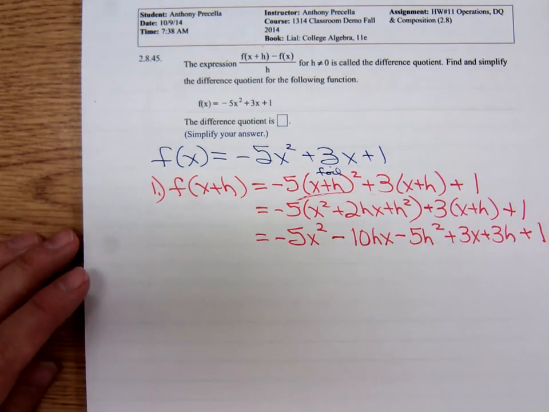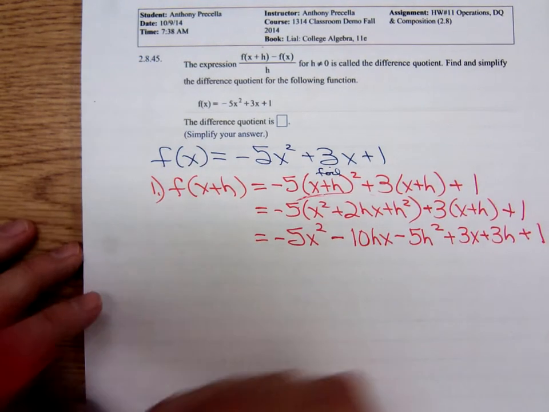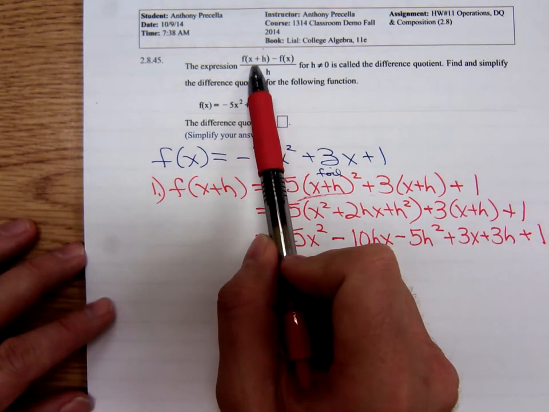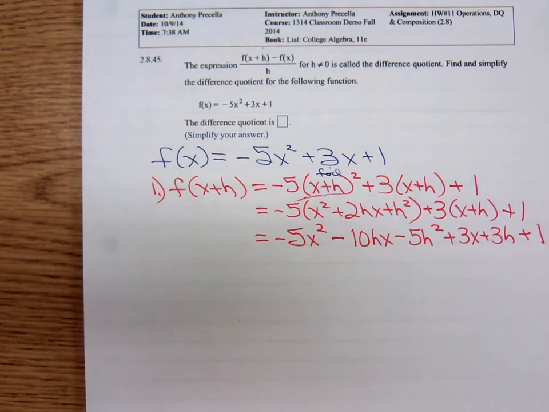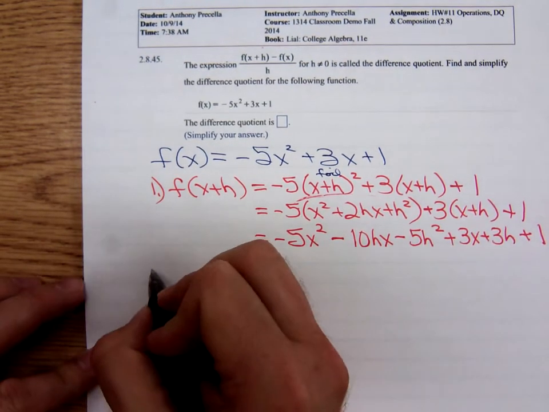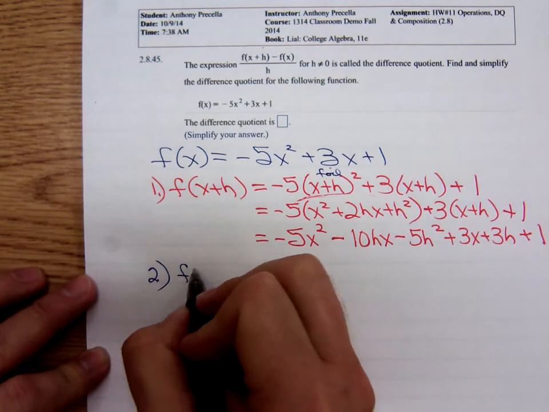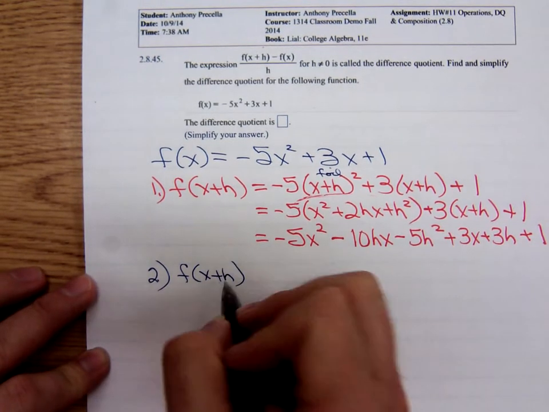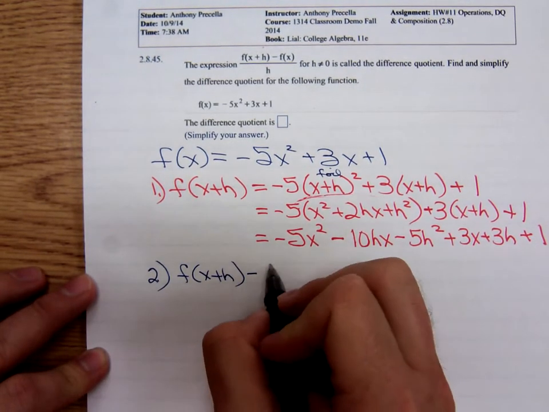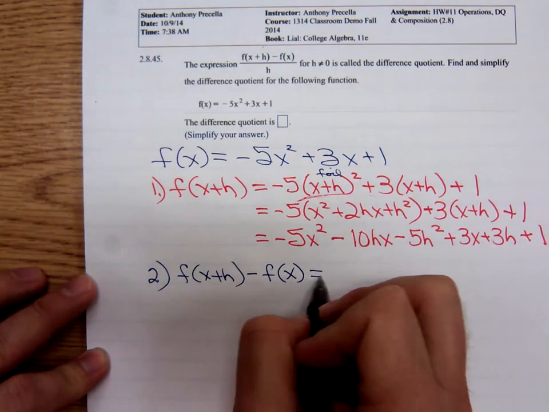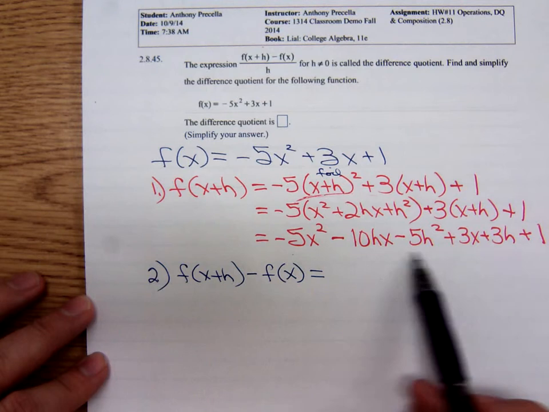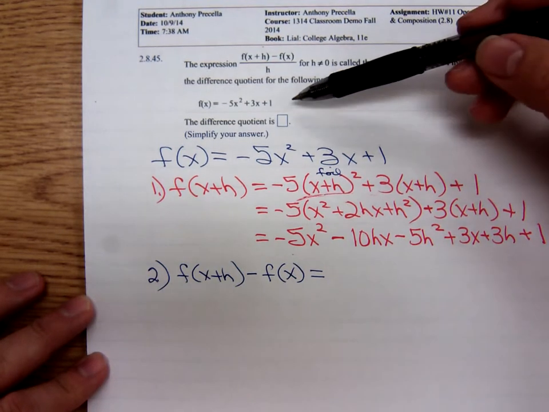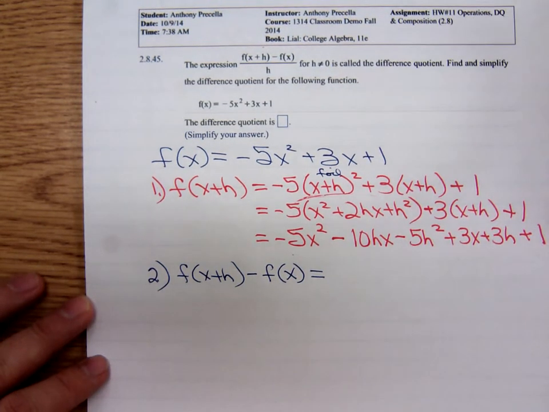If I'm evaluating a difference quotient, the first thing I do is find f of x plus h. Then I subtract off the original terms. This is the second step. I take what I just found in step 1 and I subtract off the original terms. You take what you just found here, everything that's here, and common to f of x you're subtracting off.